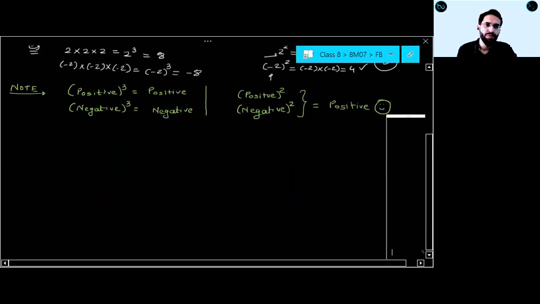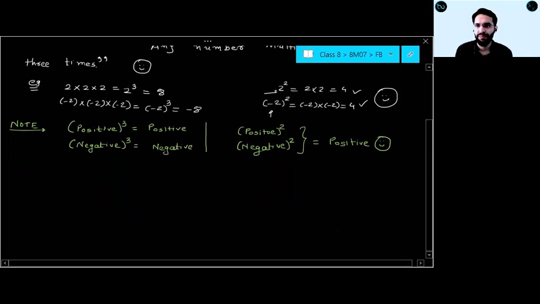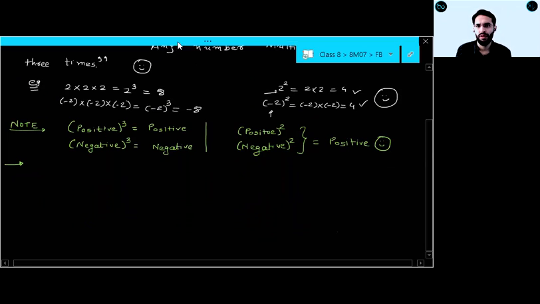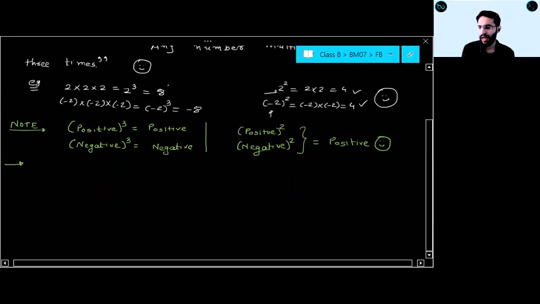Now, let us see cubes of fractions and decimals. How we can find cube of a fraction and decimal. Suppose I am taking any fraction, students. You tell me any example of a fraction. We will try to find its cube. Tell me any example of a fraction. 1 by 3, 2 by 3, 1 half. Which fraction should I take?